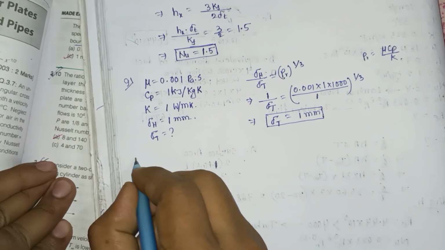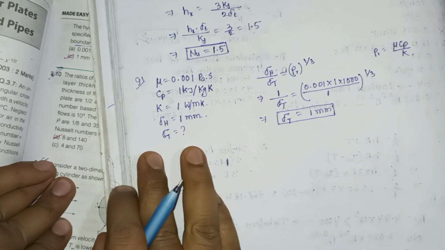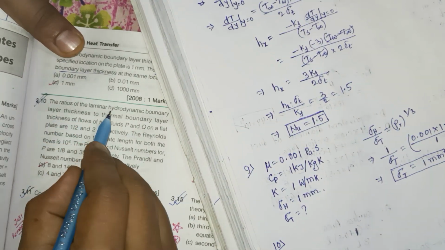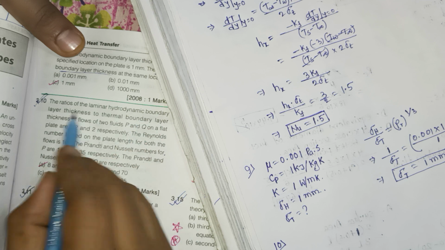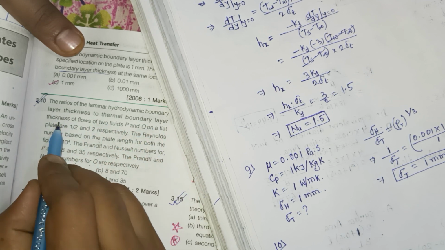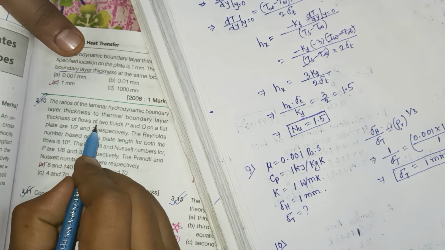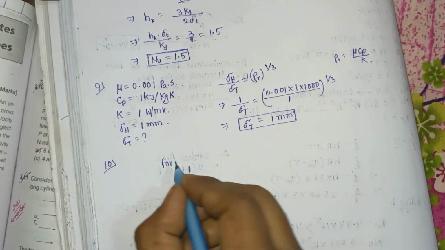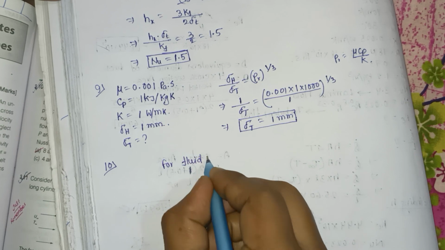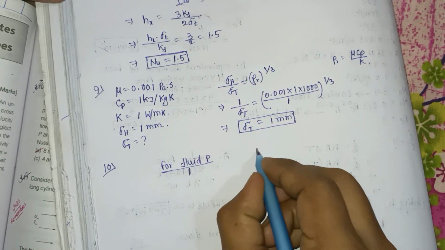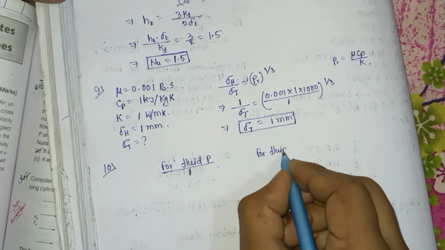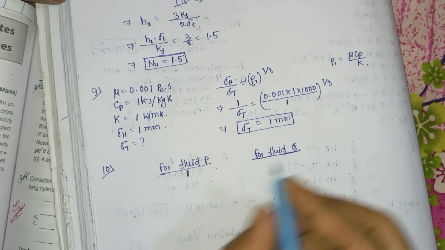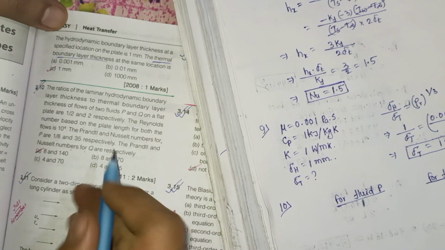There are two fluids given, that is the ratio of hydrodynamic boundary layer thickness to thermal boundary layer thickness of flows over two fluids, fluid P and fluid Q. Okay. So what is given?